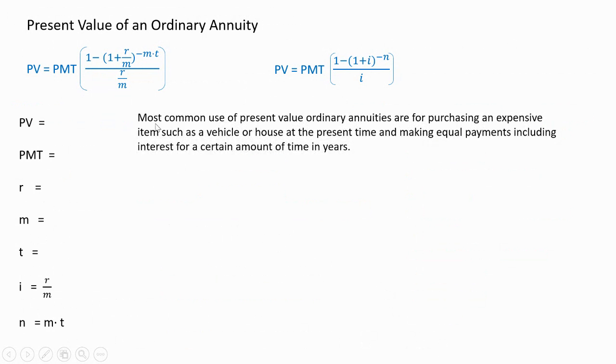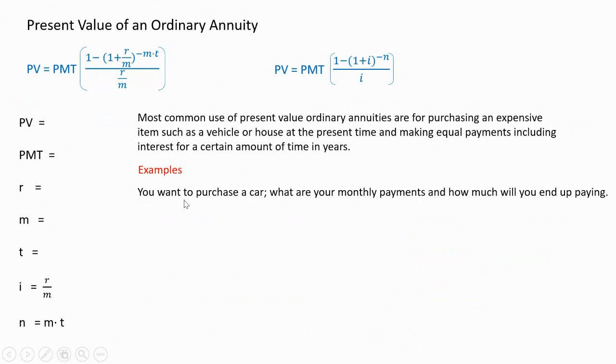Okay. So most common use of present value ordinary annuities are for purchasing an expensive item, such as a vehicle or a house at the present time and making equal payments, including interest, for a certain amount of time and years. Examples. I like to use these three examples because this will probably be your largest investments that you make. A new car, right?